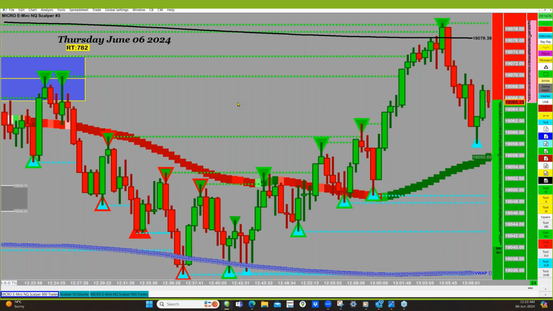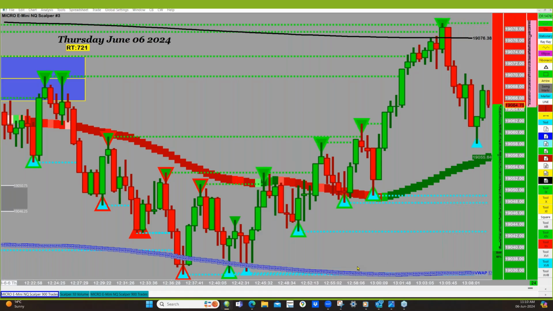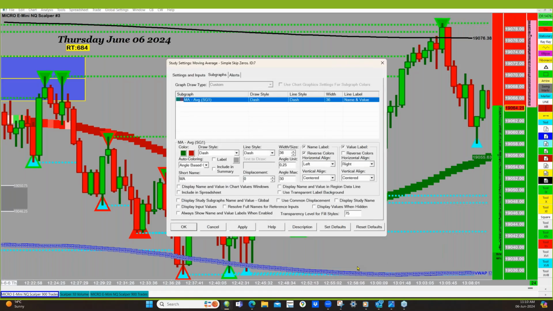All right, so let's go into settings here real quick. So we'll start with the moving average. And this is angle based. You can use gradient, which is what I have here.